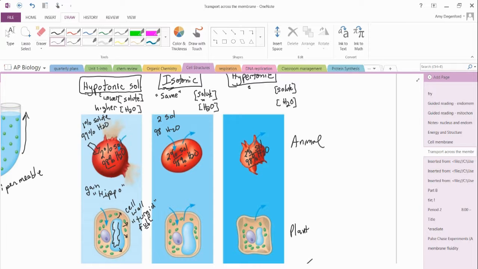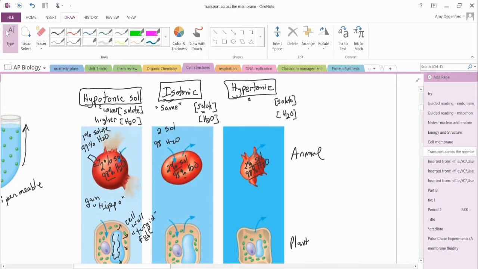So we have a hypotonic solution, isotonic solution, and now let's do hypertonic. In a hypertonic solution, the hyper refers to more solutes on the outside and less water on the outside. And so let's go ahead and put some numbers down.